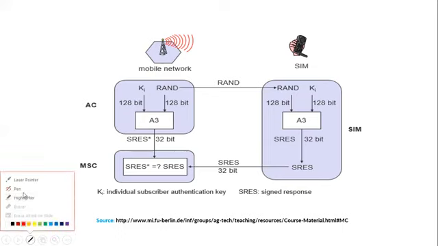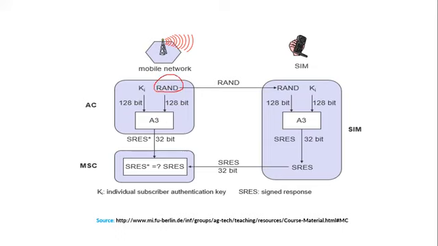Here we can see a random number is generated at the mobile network end, and it is shared with the SIM of the mobile user. Okay, so using this random number, and Ki, which is already available in the SIM, Ki is the authentication key, the A3 algorithm is applied on this random number and on this key.